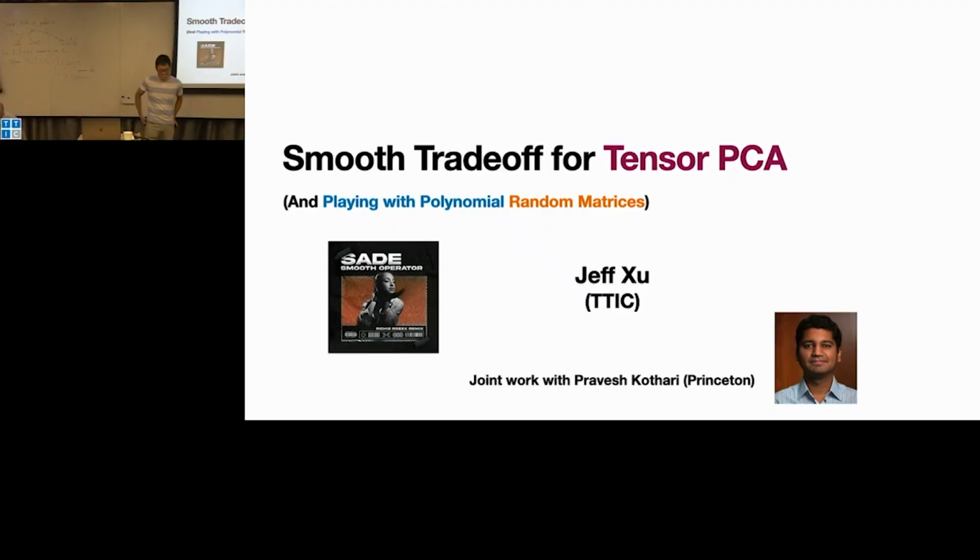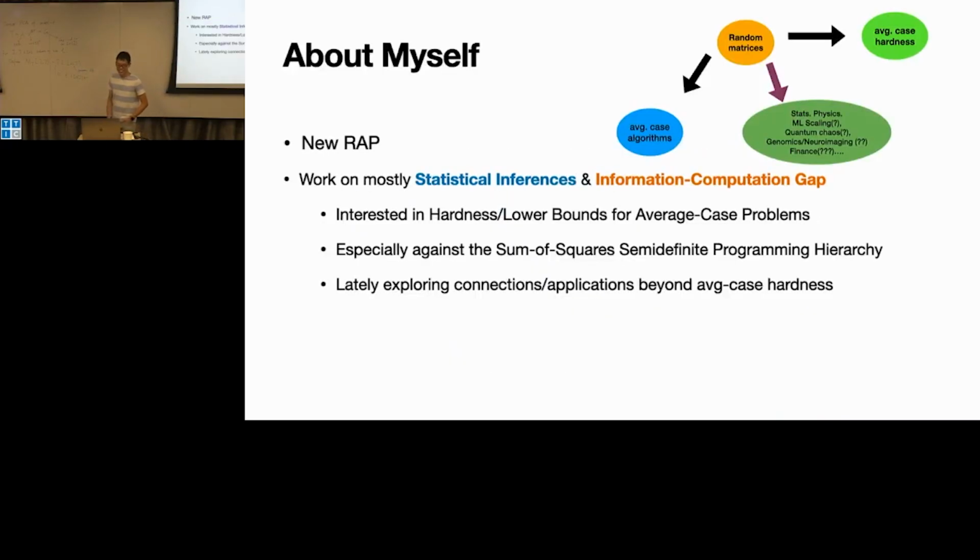Thanks for the introduction. Hi everyone, I'm Jeff. I'm going to talk about a recent work with my PhD advisor, Pravesh Kothari, now at Princeton. I hope this work gives you a taste of what I like and what I work on. Quick words about myself: as Mehdi said, I'm a new IAP, I just joined a month ago maybe.